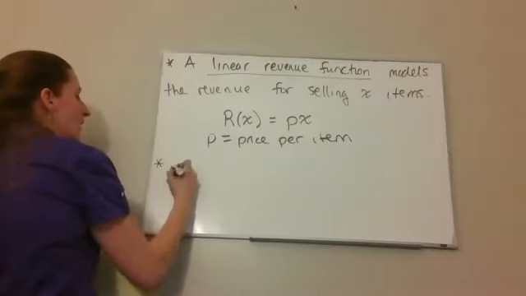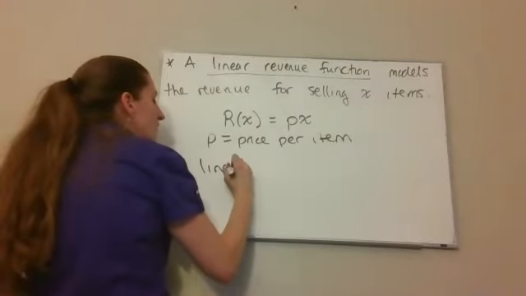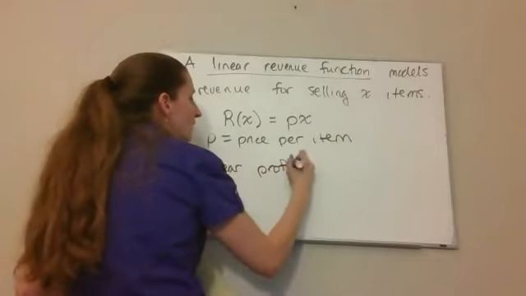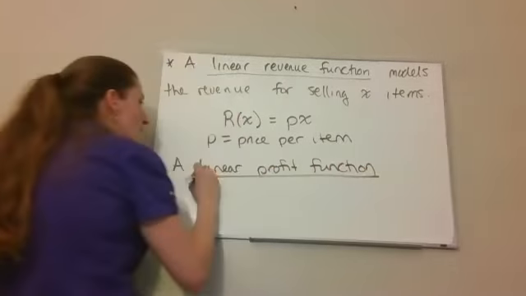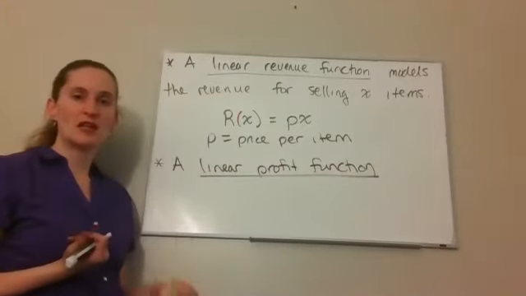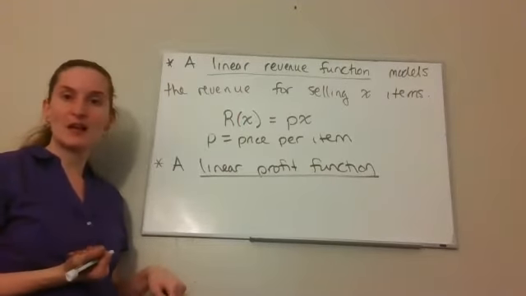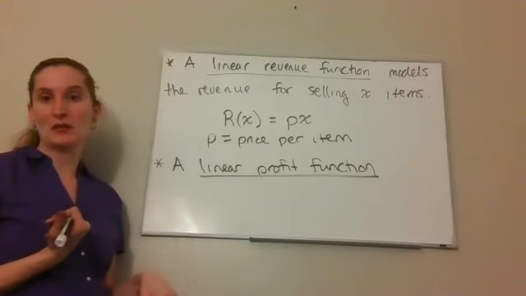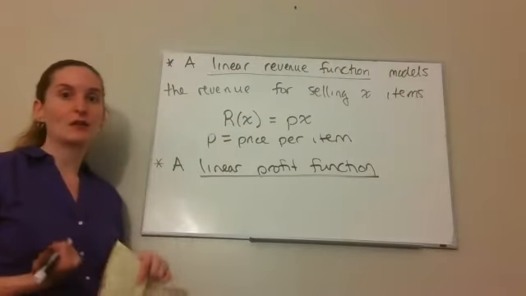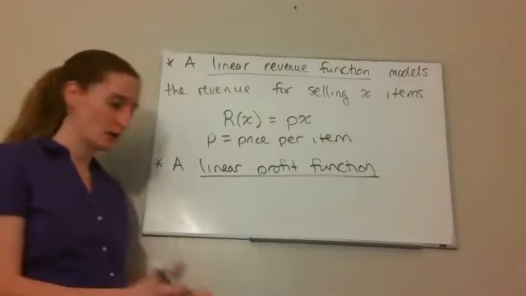And then we also have our linear profit functions. So revenue is how much money you bring in just from selling the items, but that's not how much money you actually made. Profit is the amount of money that you actually make. That's your revenue minus your cost.